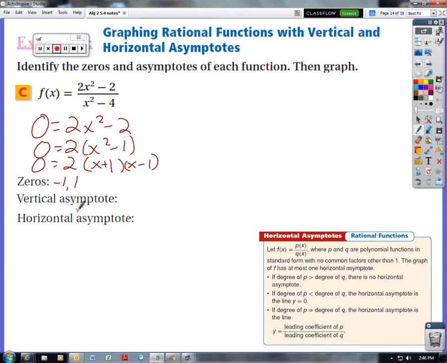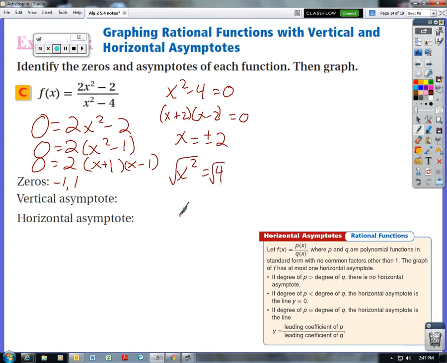Vertical asymptote: set the denominator equal to 0. So my denominator is x squared minus 4. One way you can do this is you can factor like so, and then we see that the solutions are plus or minus 2. The other way you could have done it is added the 4 across and taken the square root.